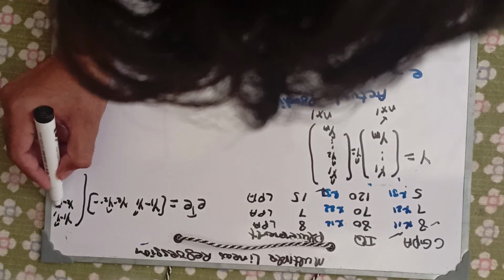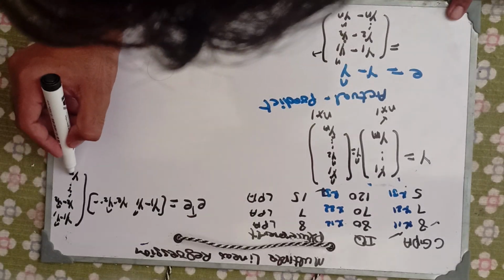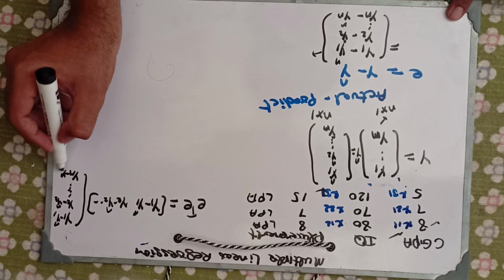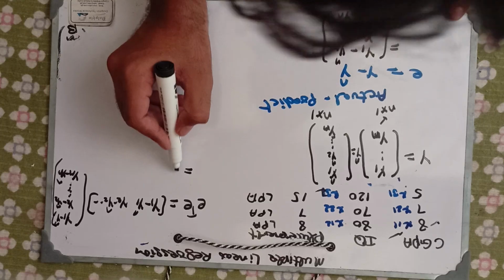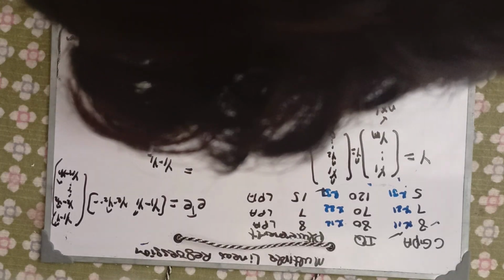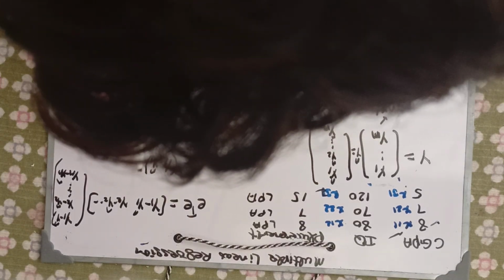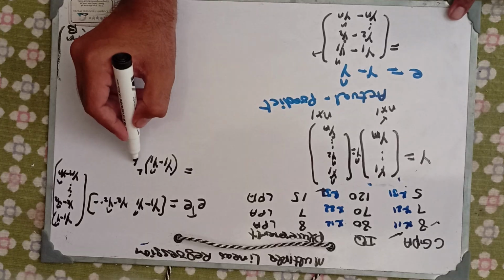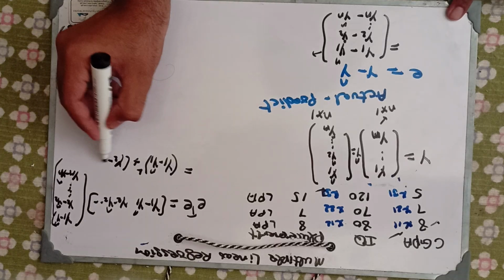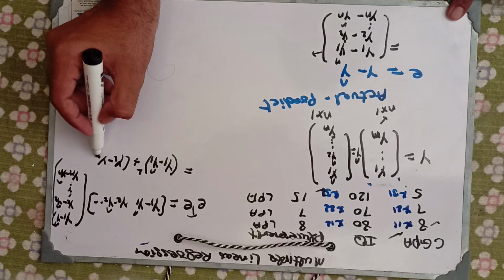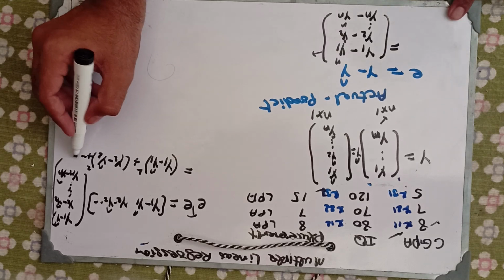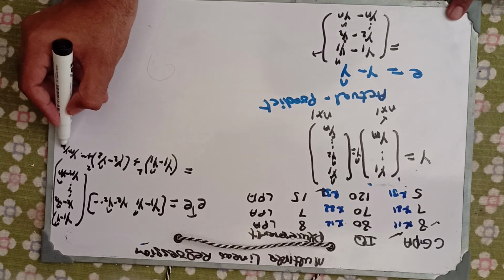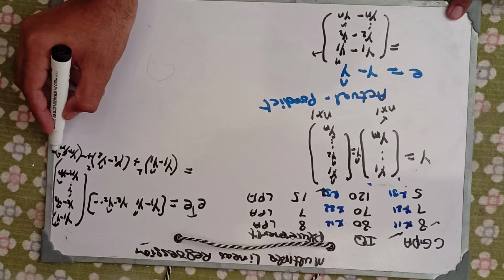If we multiply this, we will get (y1 minus y1 hat) square, and then we plus (y2 minus y2 hat) square, and it will go up to (yn minus yn hat) square.